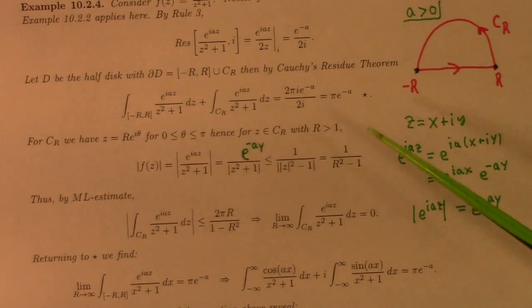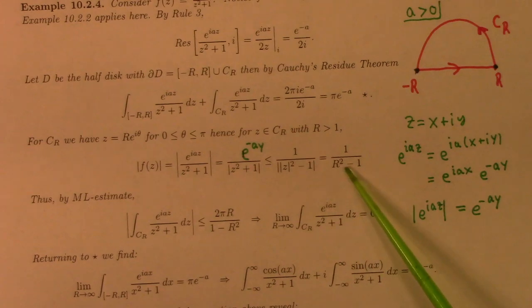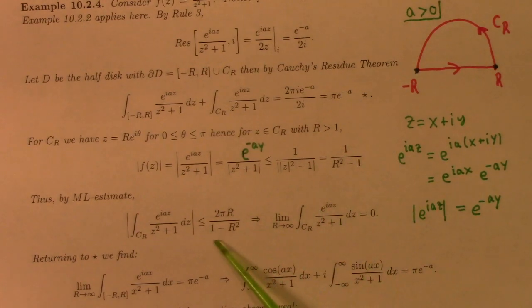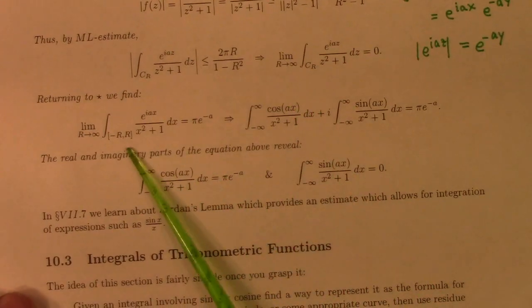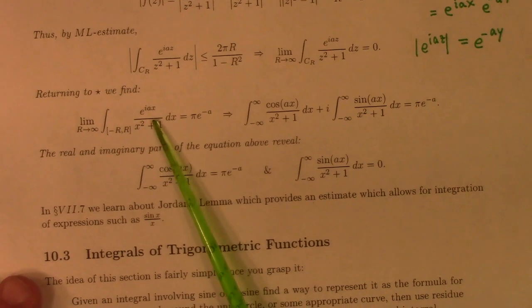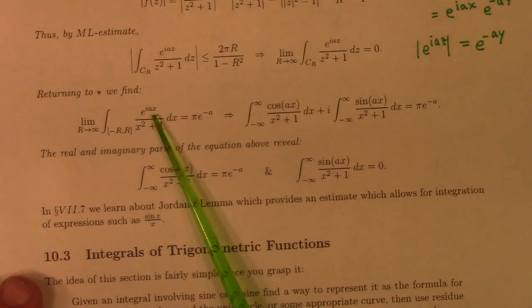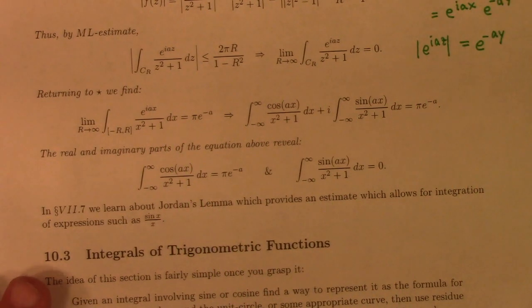Let's finish this thing. So we get this bound, and then of course as R goes to infinity, that goes to 0 when you look at the ML theorem. Therefore that's all 0, and putting it all together, we have the limit as R goes to infinity of e to the iax, because z equals x here, right?